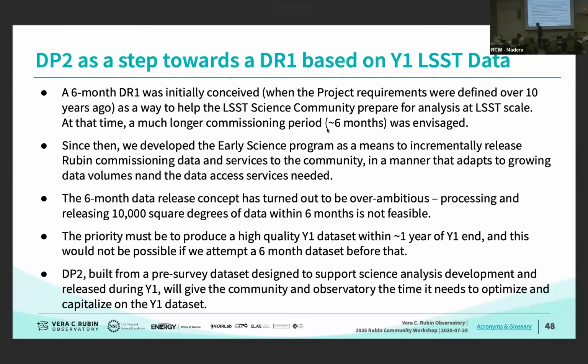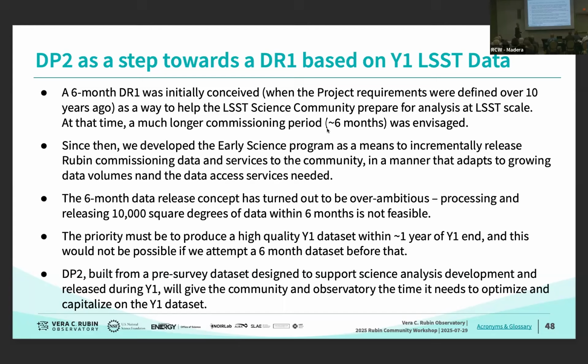This is a little bit more detail, similar to the points that I said. This means that our focus really is on a high quality Data Preview 2 and a 1-year data release. We believe that many of the goals that we had for this 6-month data release at the start of construction, that the goal really was to get data out to the science community as soon as possible. We're really trying to accomplish that with the data preview program right now.